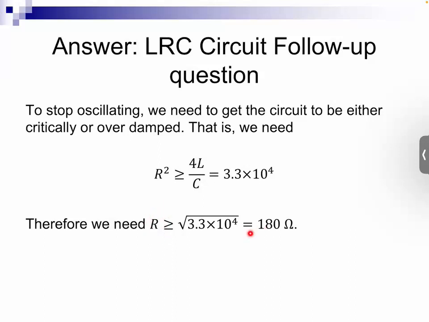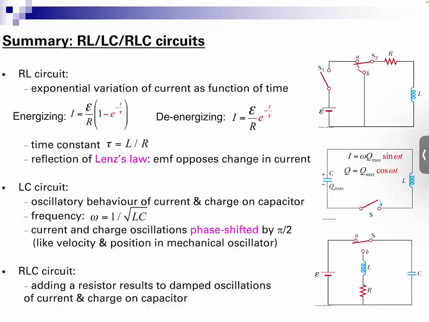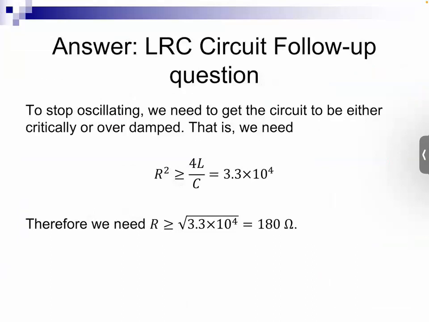The resistance should be greater than or equal to 180 ohms. So if you have more than 180 ohms of resistance, the dissipation in energy is so big that energy transfer does not occur between the inductor and the capacitor.